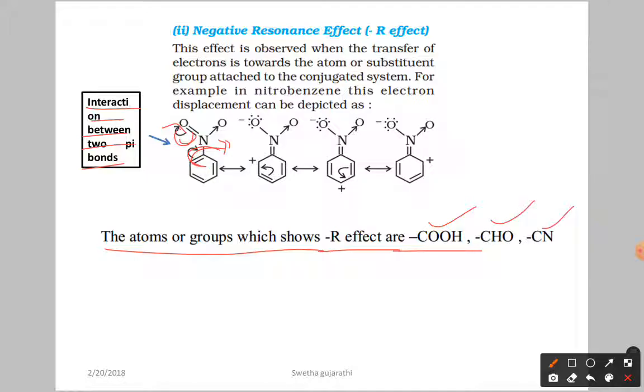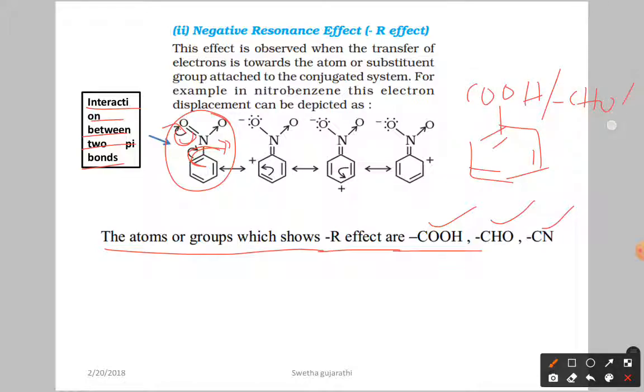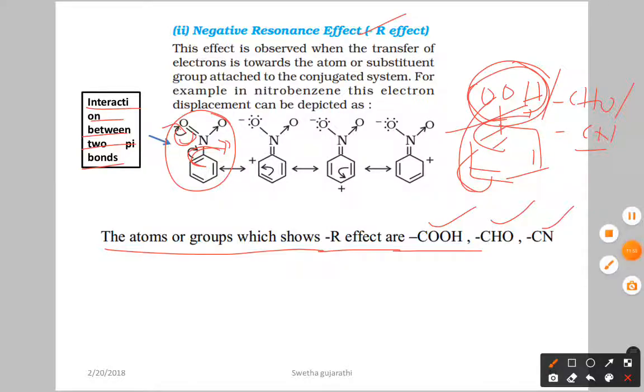So along with this group, if you have in the benzene ring a COOH group, a CHO group, nothing but aldehyde, or a CN group, the cyano group, with all of these present, the shifting of electrons is towards the group. That type of effect is called what? Resonance effect or minus R effect.